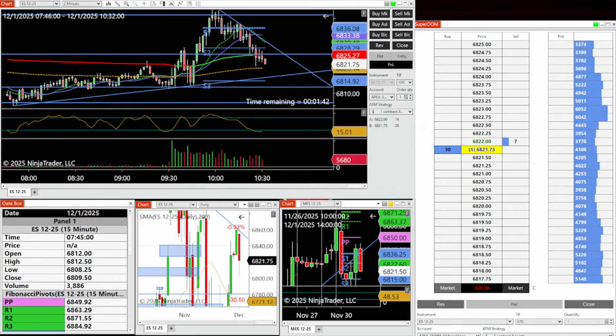Another 15-minute bar just opened up. The high on that is 24.